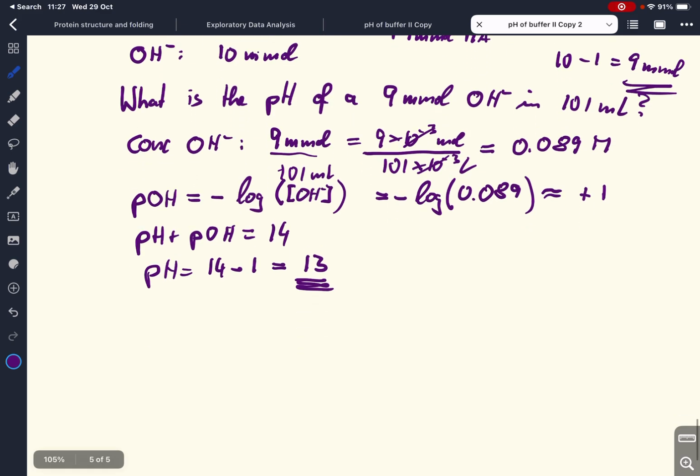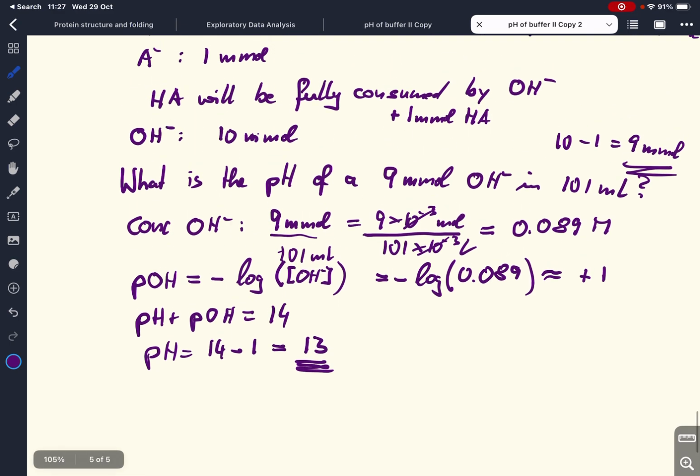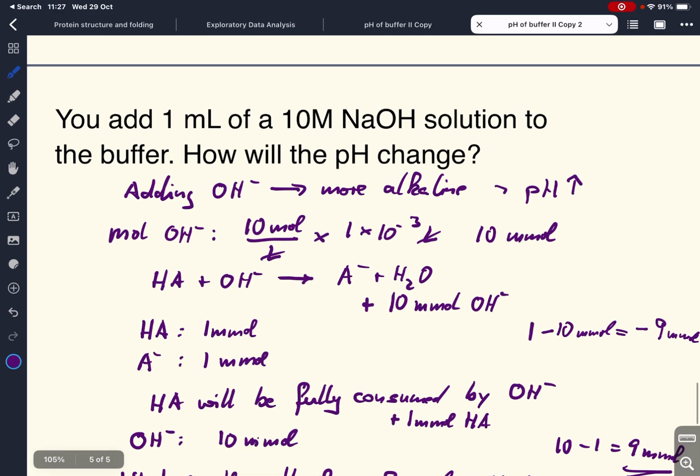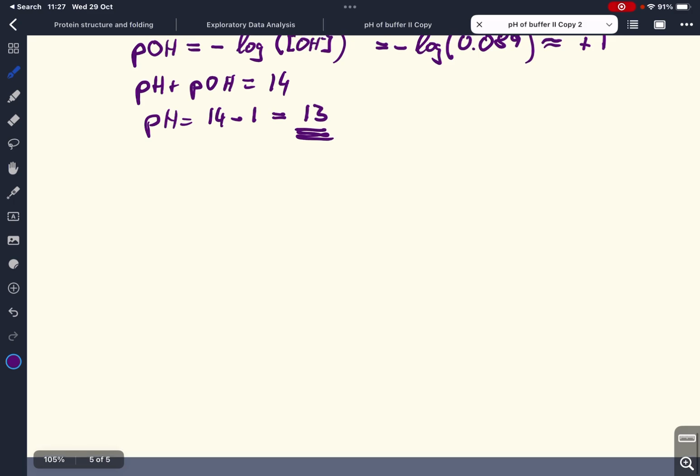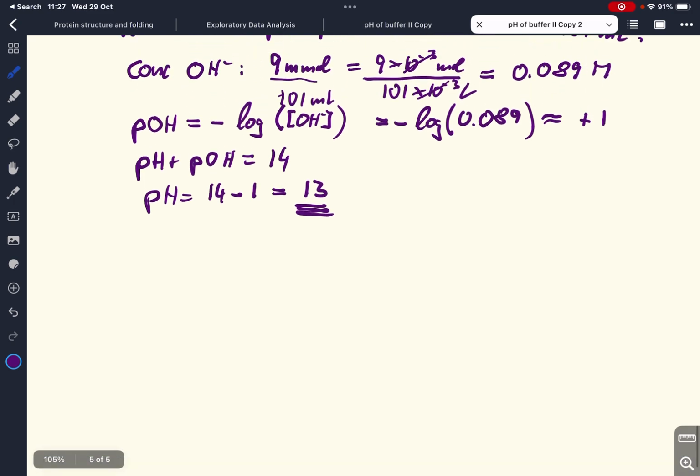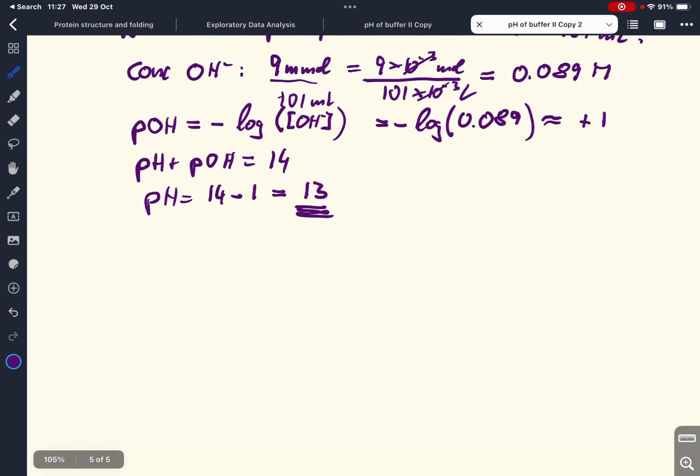And if we look at our prediction, we said the pH will go up because we add sodium hydroxide.